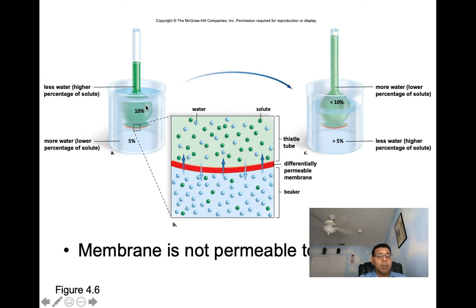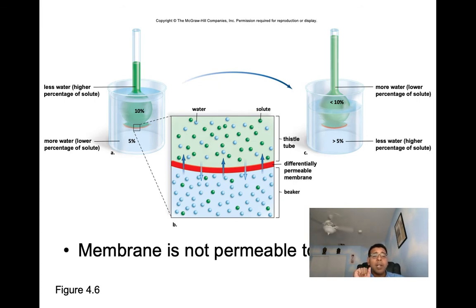Now again, the beaker has a higher concentration of water molecules, lower percentage of solutes, and the tube has a lower concentration of water molecules and a higher percentage of solutes. Diffusion always occurs from higher concentration to lower concentration, as we described.